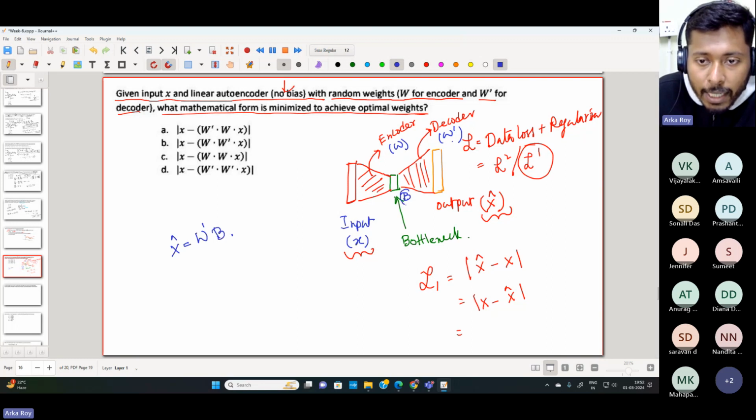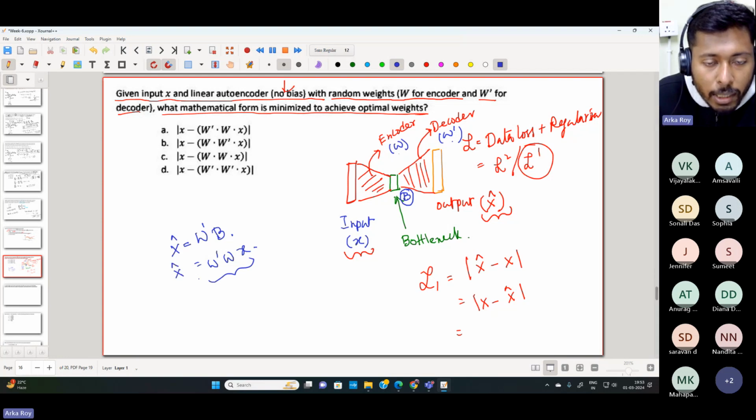Now how can you get B? You have input, you have encoder weights. So you multiply input with this encoder weight, then you will get B. Therefore W dash W, and then you can write X over here.